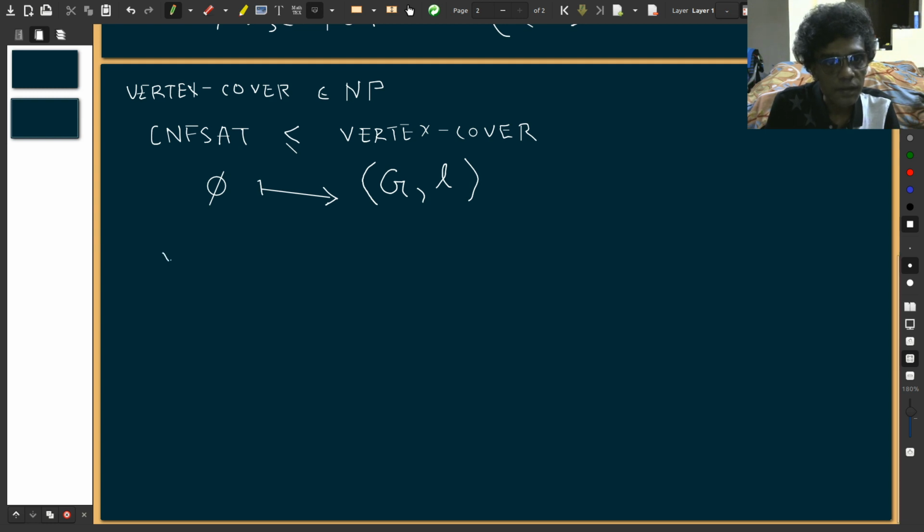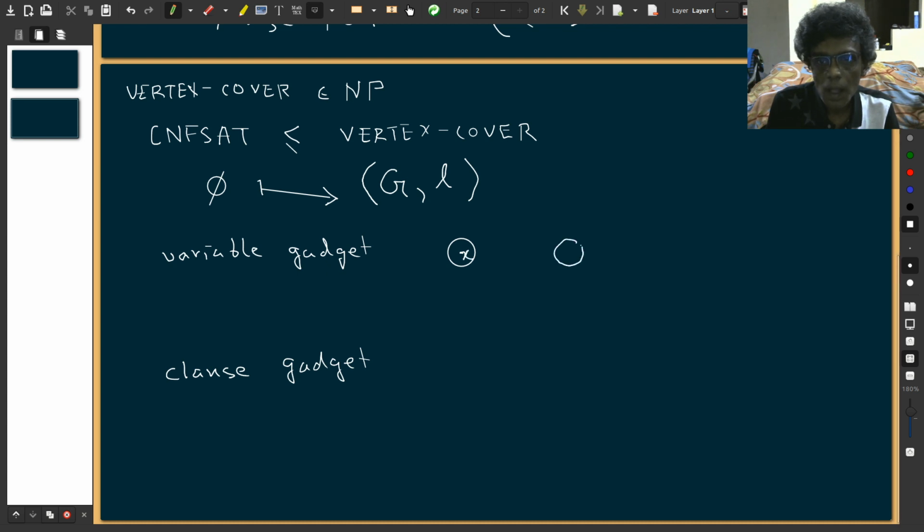So we have a variable gadget, and we will also have a clause gadget. Now the variable gadget looks like this. If x is a variable, I take two vertices in the graph G, x and x complement, and I will simply connect them.